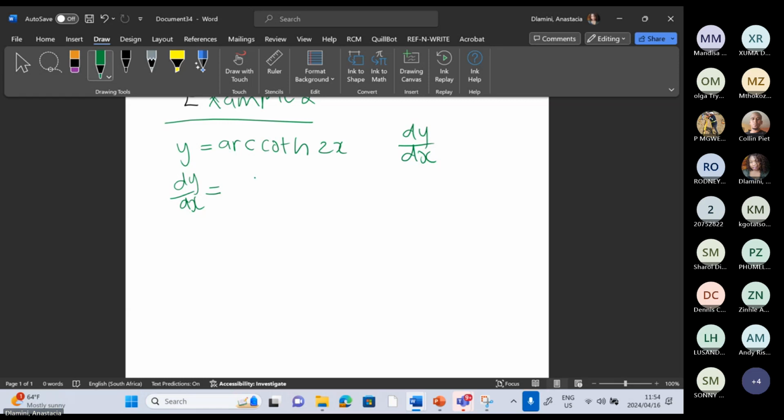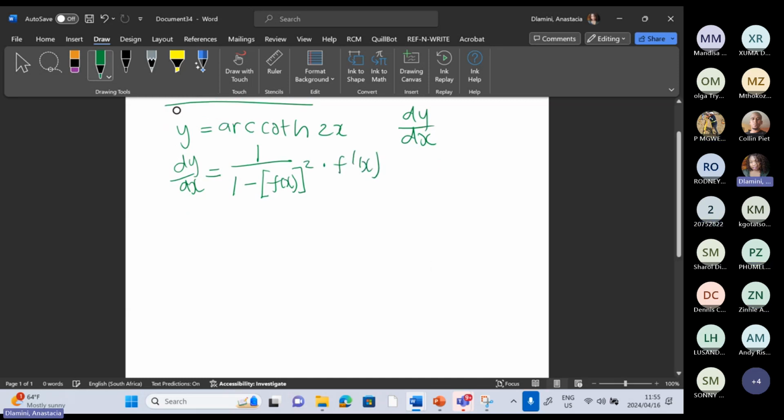According to the table, it's 1 over 1 minus f of x squared, times the derivative. Yes. So now let's write it here.